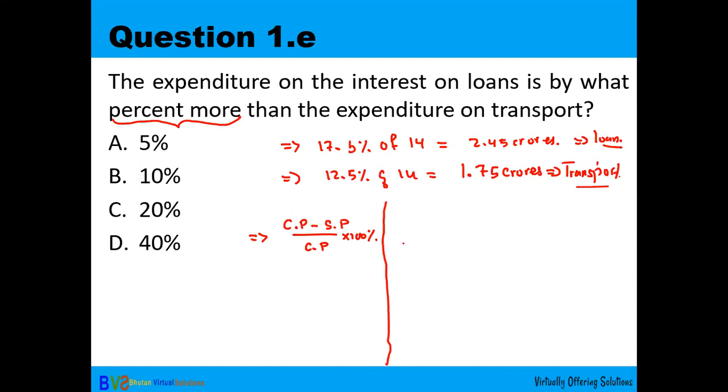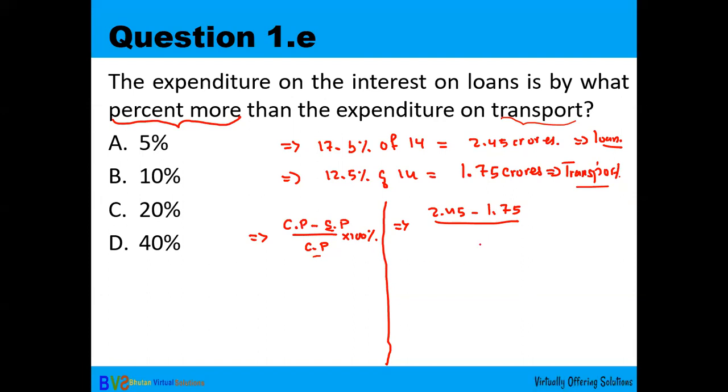Here it is loan, 2.45 minus 1.75 divided by, whether you divide by 2.45 or 1.75. Now here you have to see that the expenditure on interest on loan is being compared with transport. Last time selling price was compared with cost price, right?